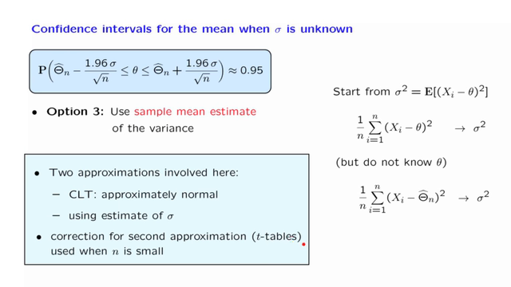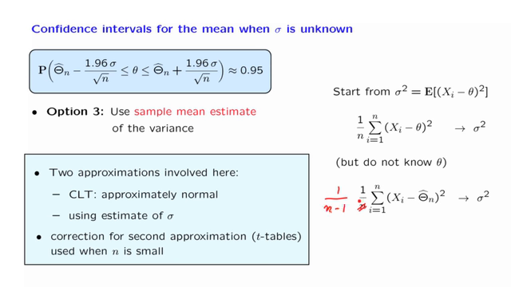In any case, we will not discuss any further this additional correction, but it is useful to know that it is something that statisticians will often do. Finally, one last remark. One will often see an alternative way of estimating the variance where instead of this factor of 1 over n, one uses a factor of 1 over n minus 1.